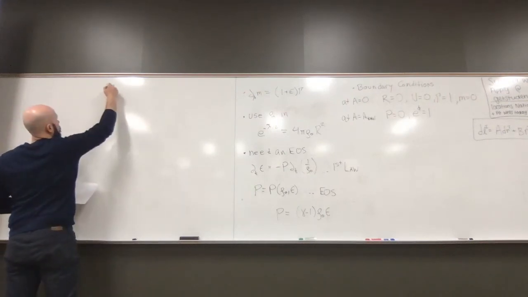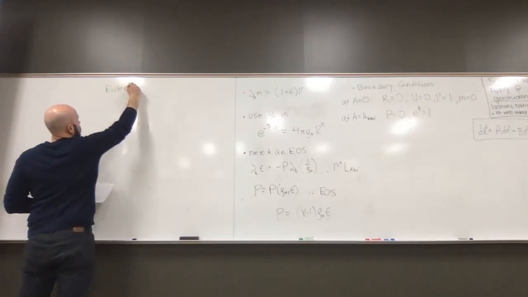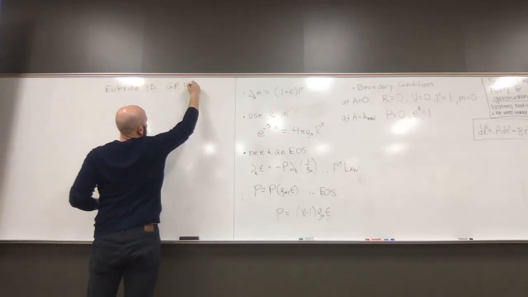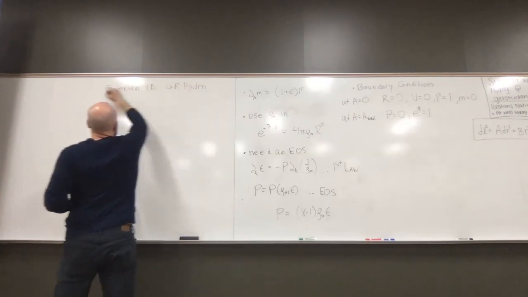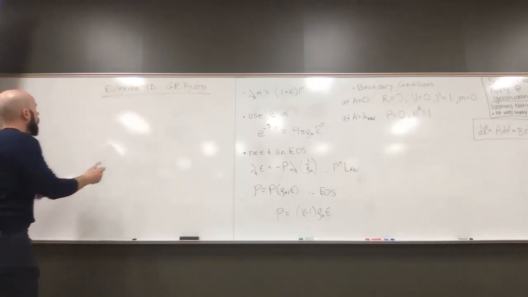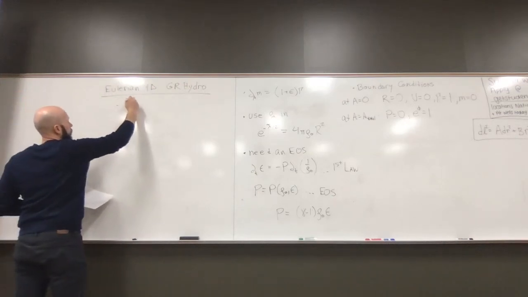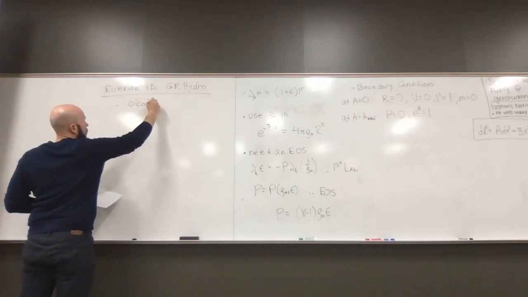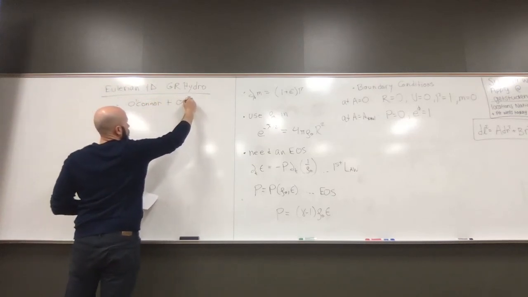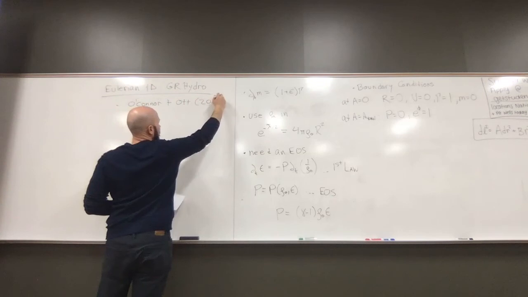Eulerian 1D GR hydro. So now we're not going to fix this Lagrangian sort of coordinate. This is based on my collaborator's code, Evan O'Connor, and the reference is O'Connor and Ott 2010.